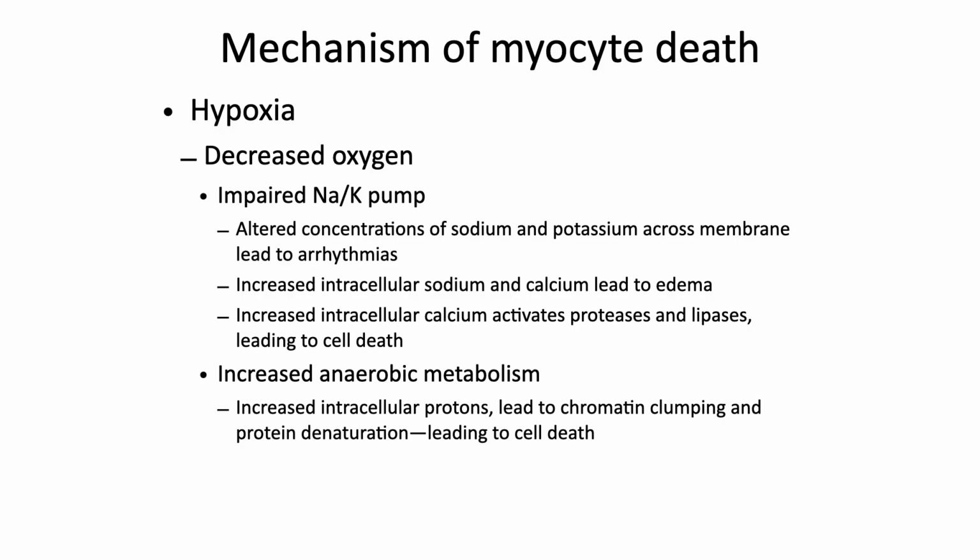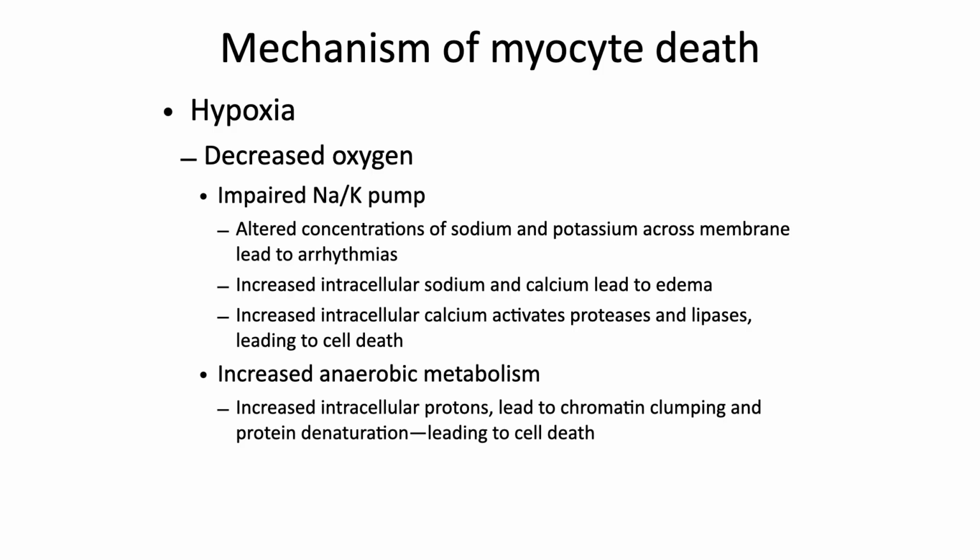One of the first things you'll see early on, not usually seen by light microscope, is that with decreased oxygen, you impair the sodium-potassium pump. That allows sodium to go into the cell, and water follows sodium, so the cells will swell. That early, irreversible injury is the cellular swelling.